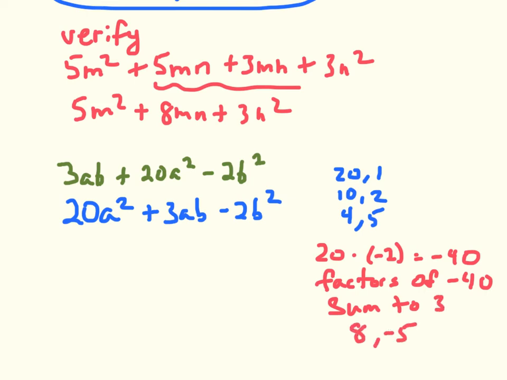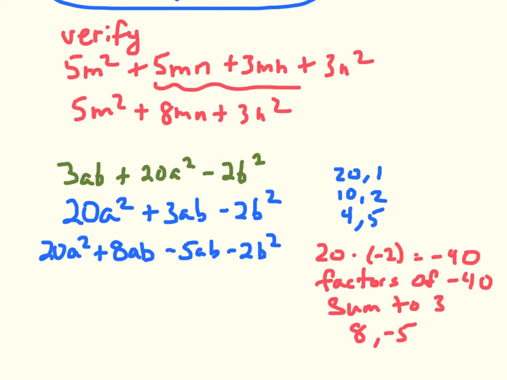So I'm going to write 20, well, let's do it in blue, get my original scheme here. 20a squared plus 8ab minus 5ab minus 2b squared.